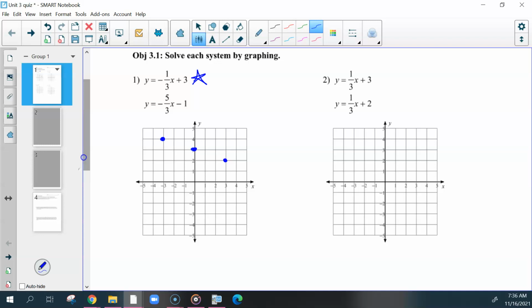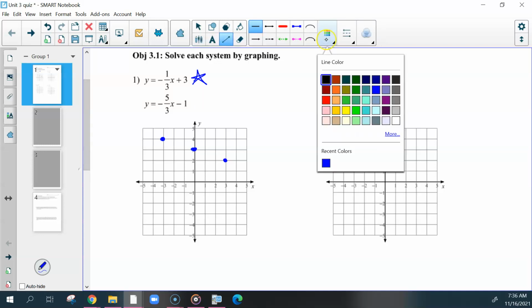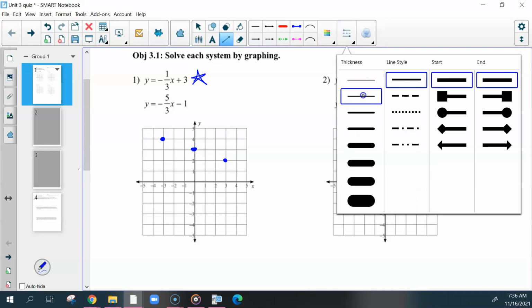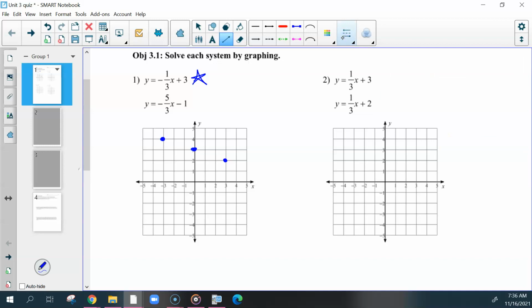And then draw a line through those points. Remember, you should be filling up your graph with as many slope points as possible.